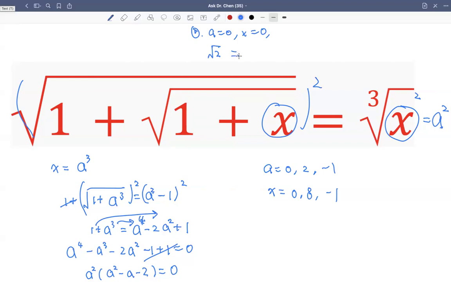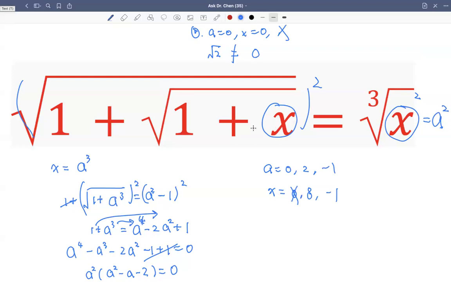On the right-hand side, we have the cubic root of 0, which is 0. So they are not equal to each other. So 0 cannot be a solution. We have to reject 0.